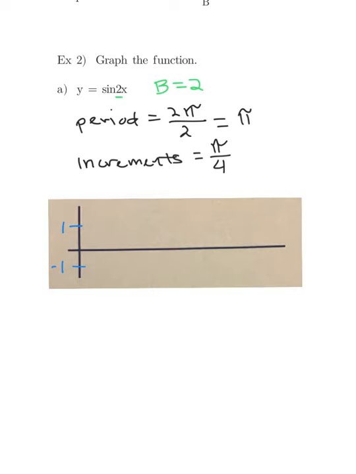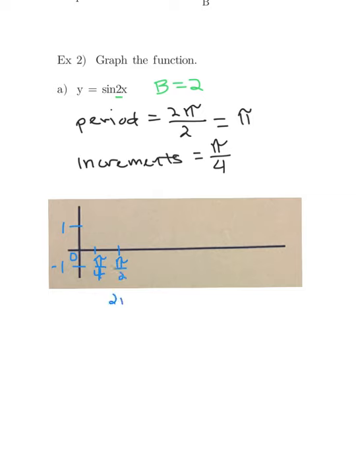We are still starting at 0, and then to find all the rest of our numbers, we are going to add pi over 4. 0 plus pi over 4 is pi over 4. Pi over 4 plus pi over 4 gives me 2 pi over 4, which is pi over 2.